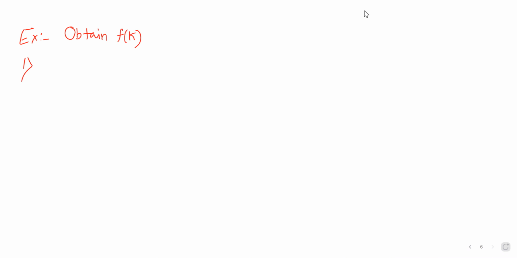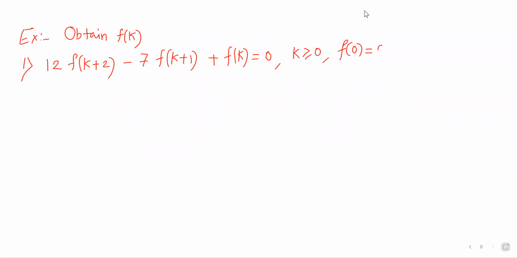Number 1, 12 times f of k plus 2 minus 7 times f of k plus 1 plus f of k is equal to 0, for k positive, f of 0 is equal to 0 and f of 1 is equal to 3.